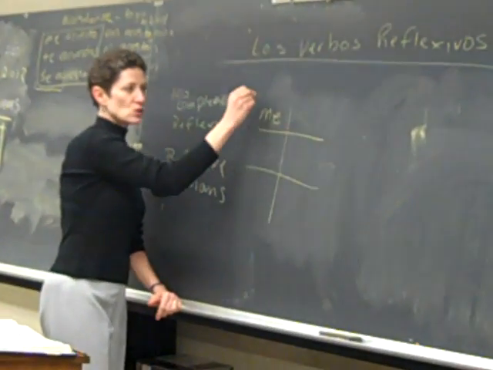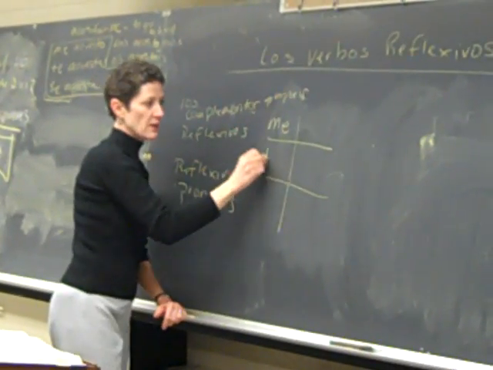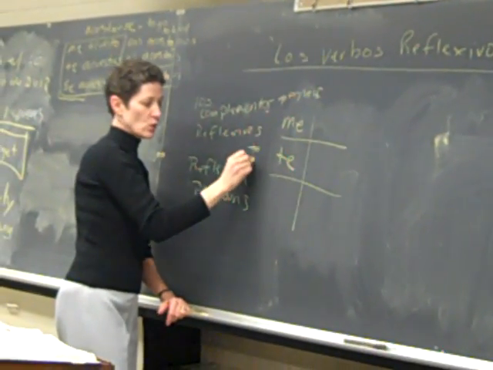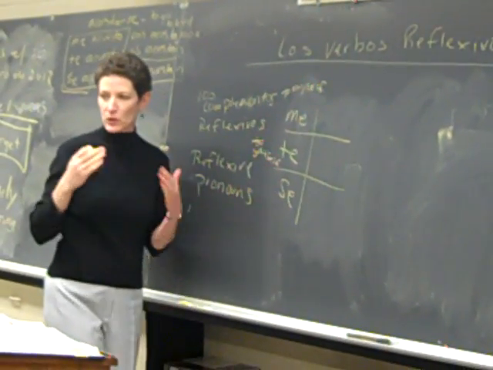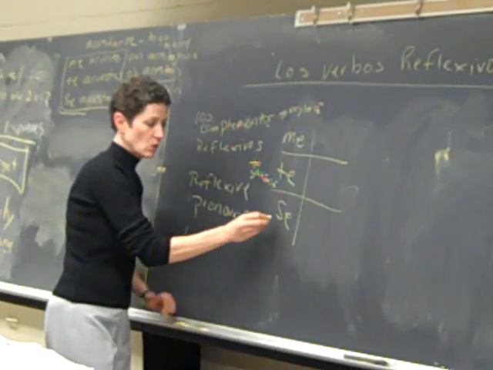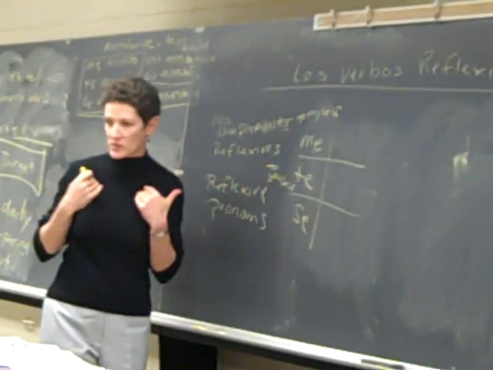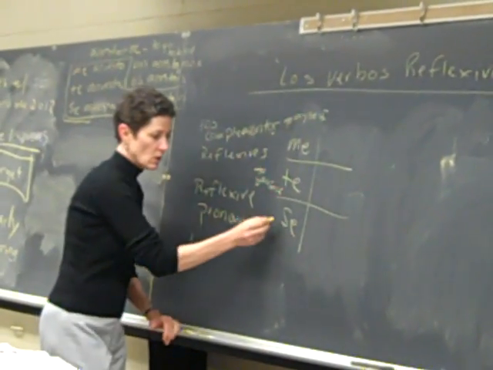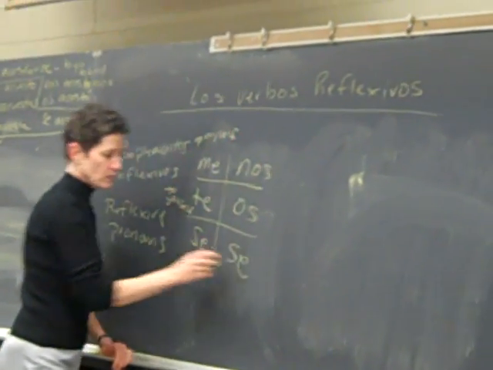Me means to myself. Okay, te, to yourself. Se, something you do to yourself, to him or to her, okay? So he would do it to himself, she would do it to herself, okay? So that's se, then nos, os, se.